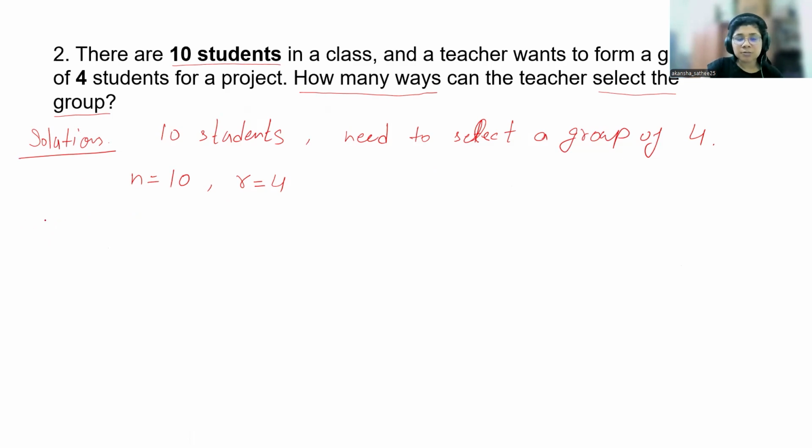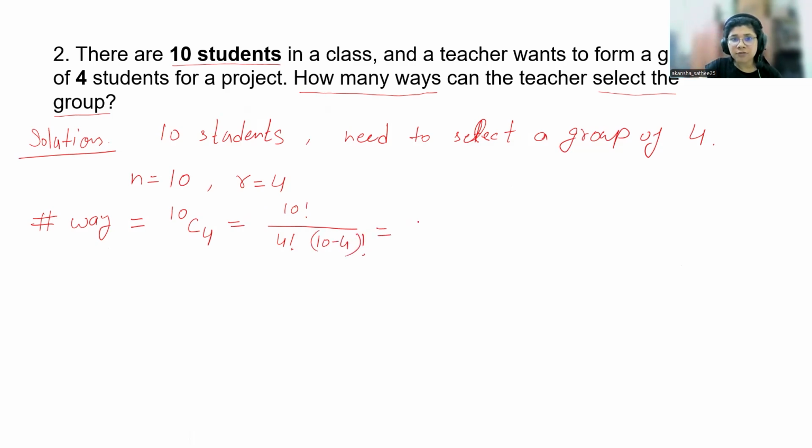So how many ways? Number of ways is equal to 10C4. And you already know the formula. N is 10, so factorial 10 upon R is 4, factorial 4 into 10 minus 4 factorial.